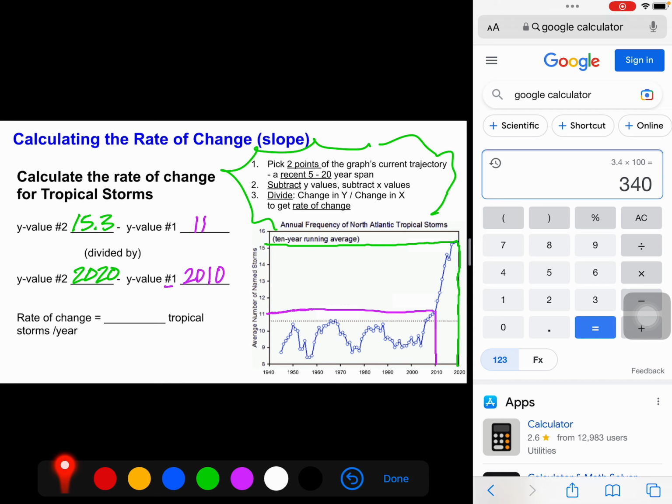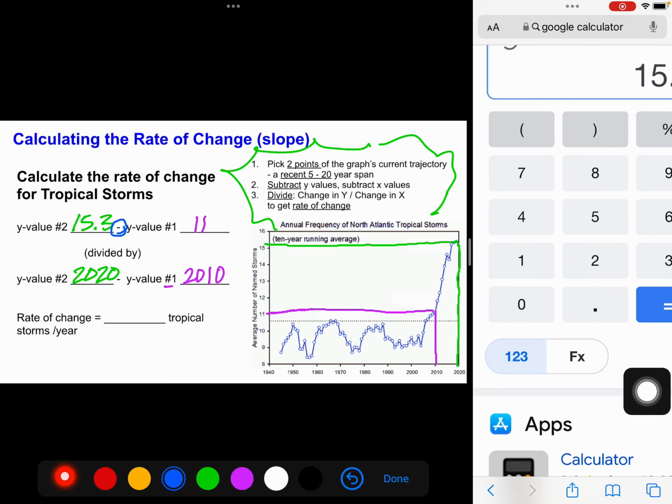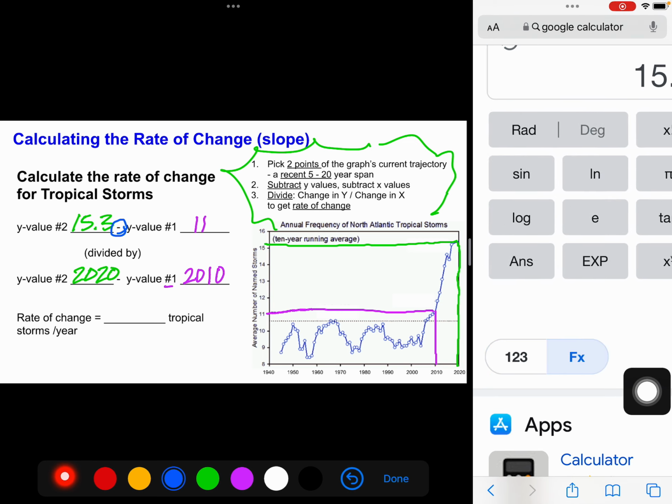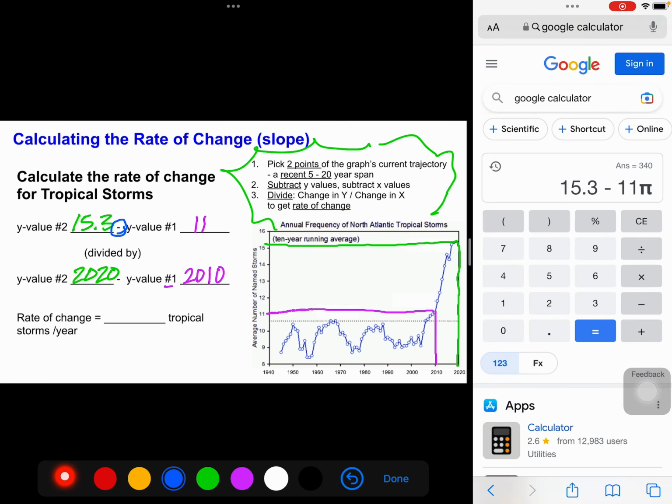I want to figure out the average rate of change in that 10-year span. So I first need to subtract them. 15.3 minus 11. So that is a change of 4.3.